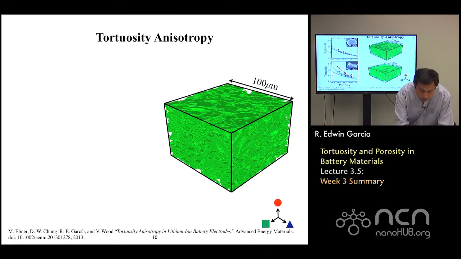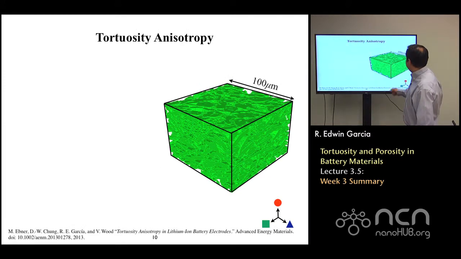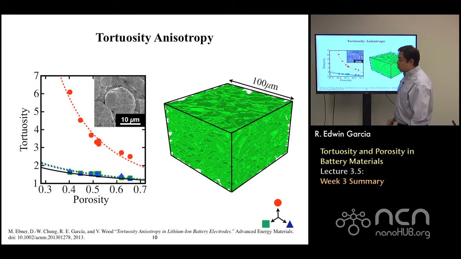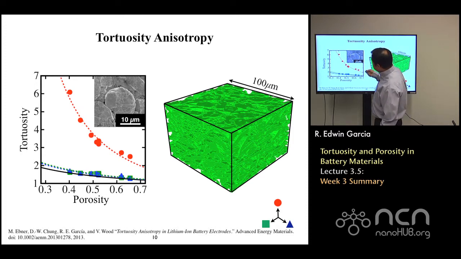So if we increase further the tortuosity of the system, and in this case we have very large aspect ratio particles, in this case graphite, you will find that the tortuosity becomes a very strong function of the porosity.